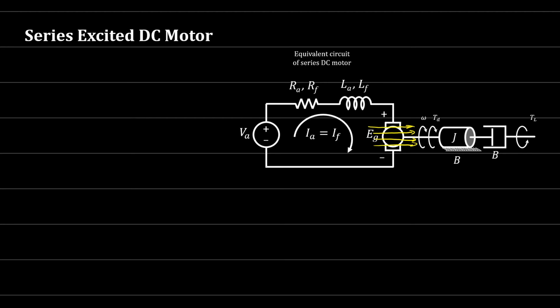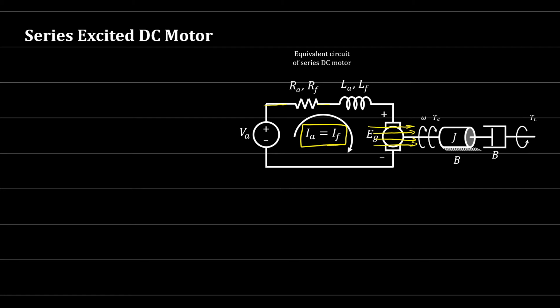Without this magnetic field, the motor will never work, right? So this is important. In the separately excited motor, this connection is a separate circuit, but in this one we have the same circuit. The only difference, which is important, is IA is equal to IF, because RA, LA, RF, LF are connected in series.